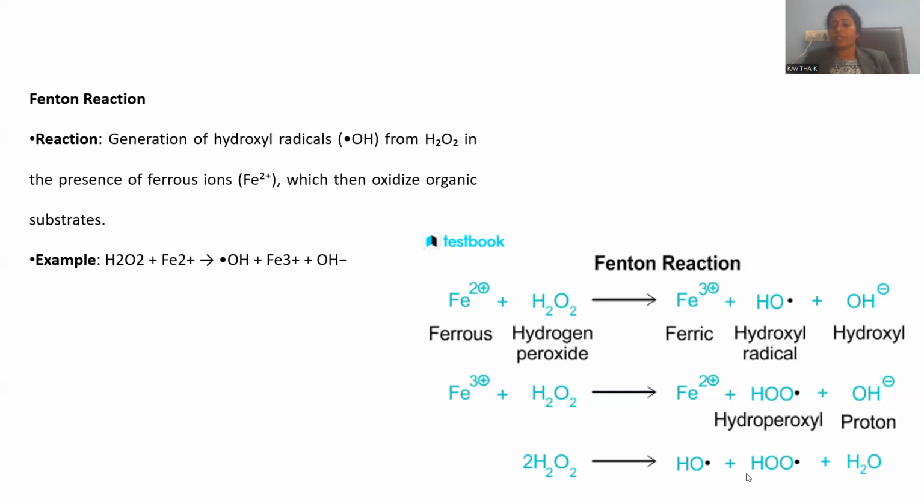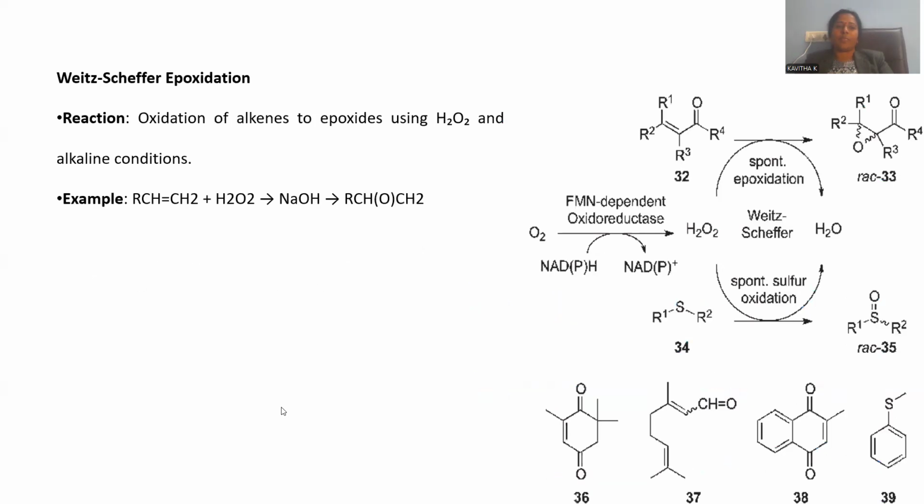So hydrogen peroxide gives rise to hydroxyl radicals and hydroperoxyl radicals, and ultimately ferrous is converted into ferric. This is the kind of oxidation with hydrogen peroxide. This is the way ferrous is transformed into the ferric form. And Weitz-Scheffer epoxidation.